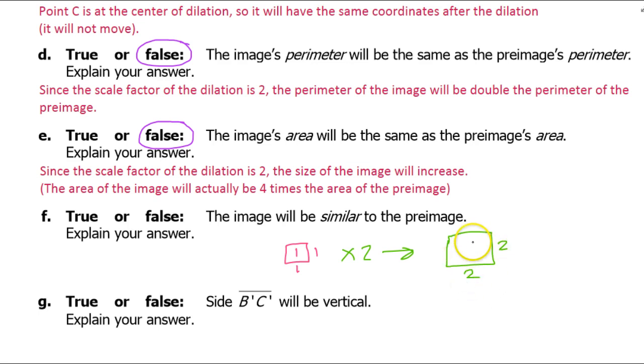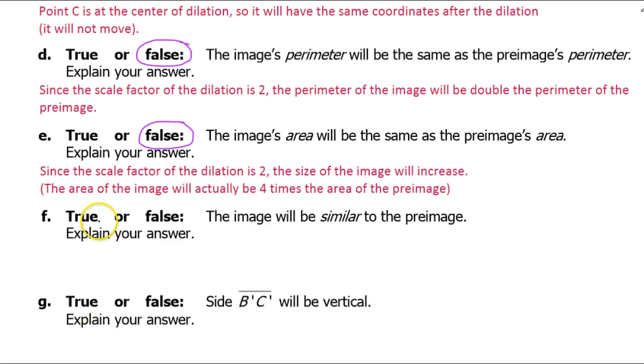But what about the area? Again, the area is the length times width. 2 times 2 is 4. So even though the lengths have doubled because of the scale factor of 2, the area actually goes from 1 to 4. Alright, the area is actually 4 times as big.